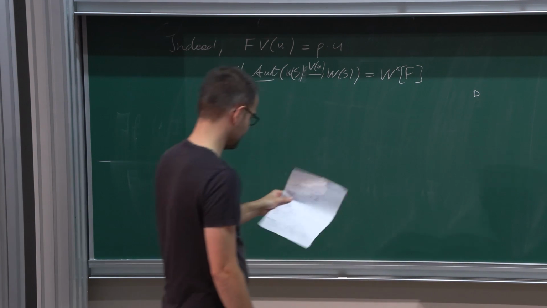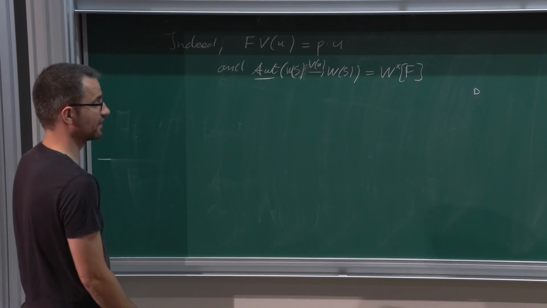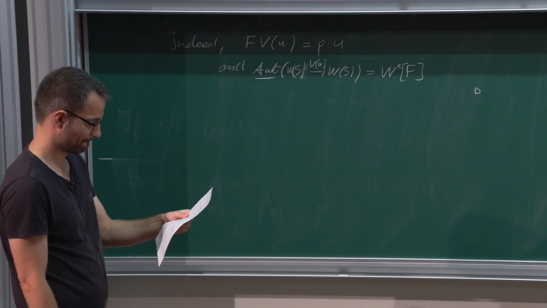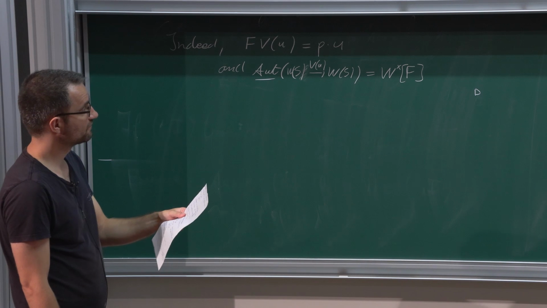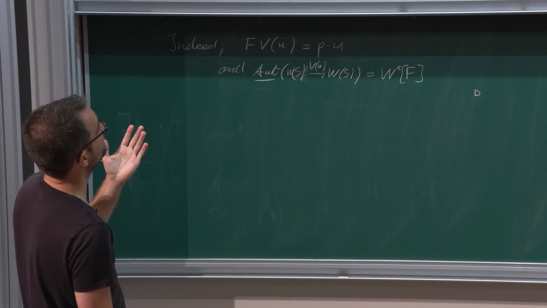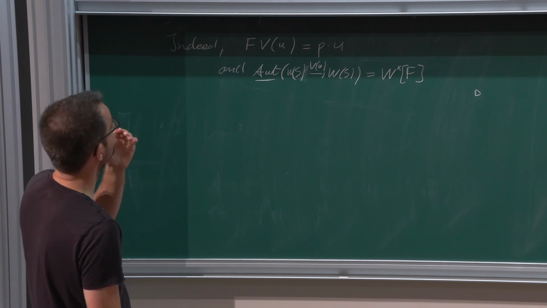And that's what I wanted to say. And this finishes the construction of the Breuil-Kisin twist via W card following Drinfeld.